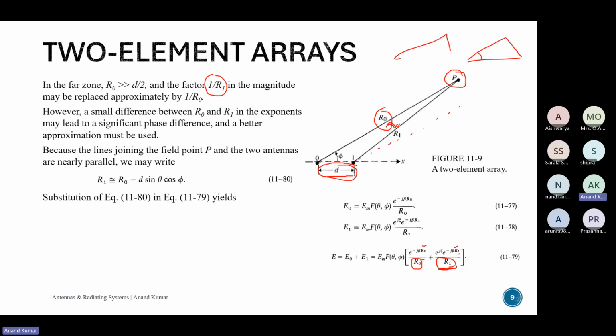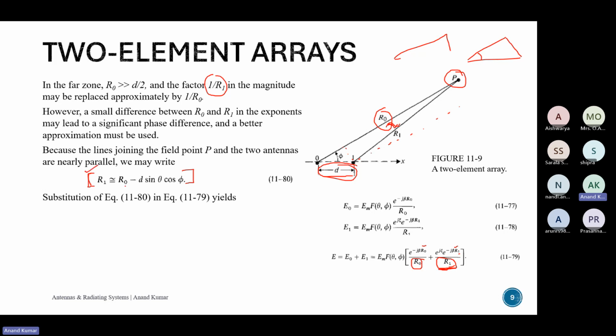Okay, I'll come back to this. We're using this approximation. I'm not sure, I'm missing something. Okay, we'll discuss this later. Let's just take this for now.